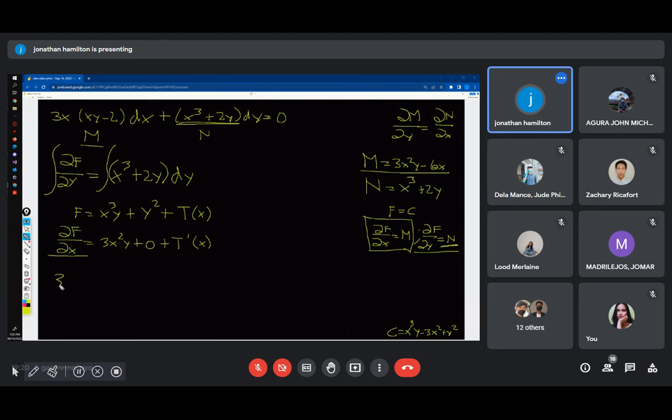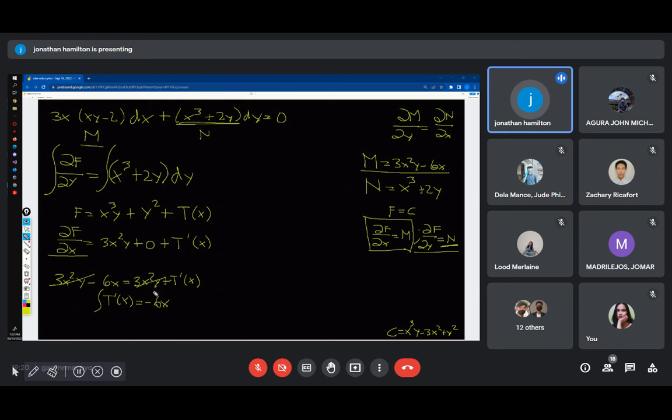So we can substitute this for 3x squared y minus 6x is equal to 3x squared y plus t prime of x. Since we have 3x squared y, we can cancel this and we're left with t prime of x is equal to negative 6x.